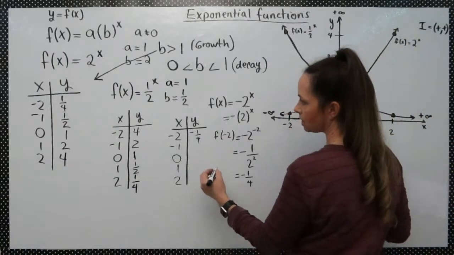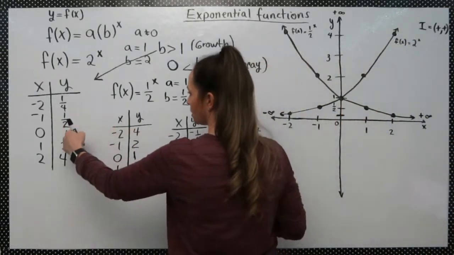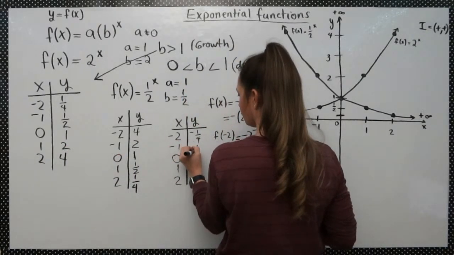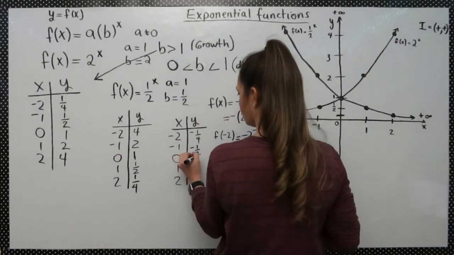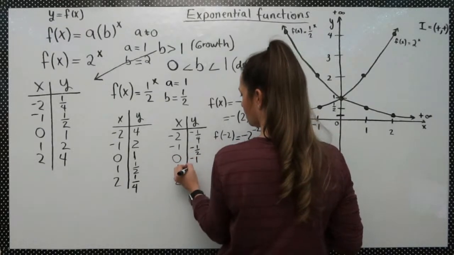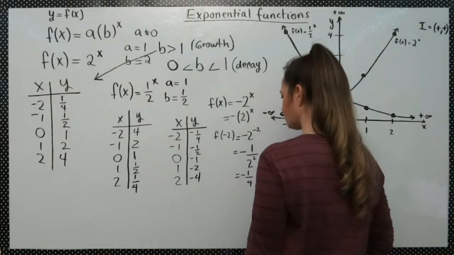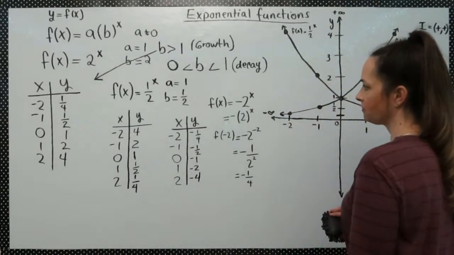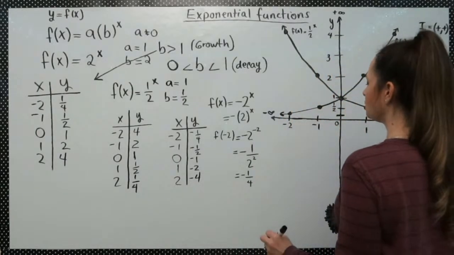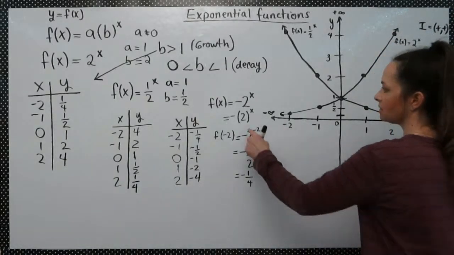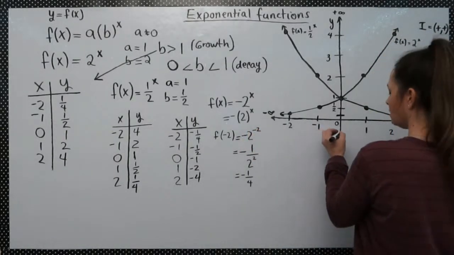So we're going to go ahead and just copy all of these points and just put negative. So it's -1/2, -1, 1, -2, and 2, -4 for that function. So what's happening is if A is negative here, then you have this going on.